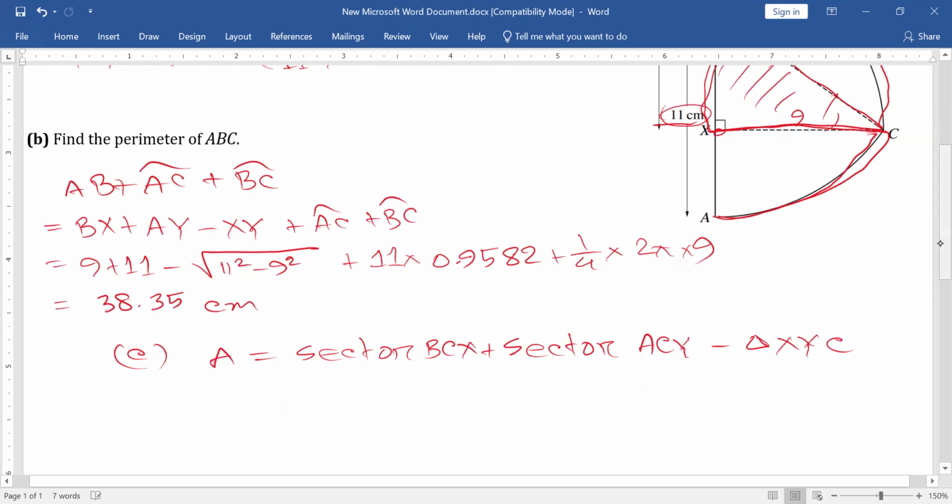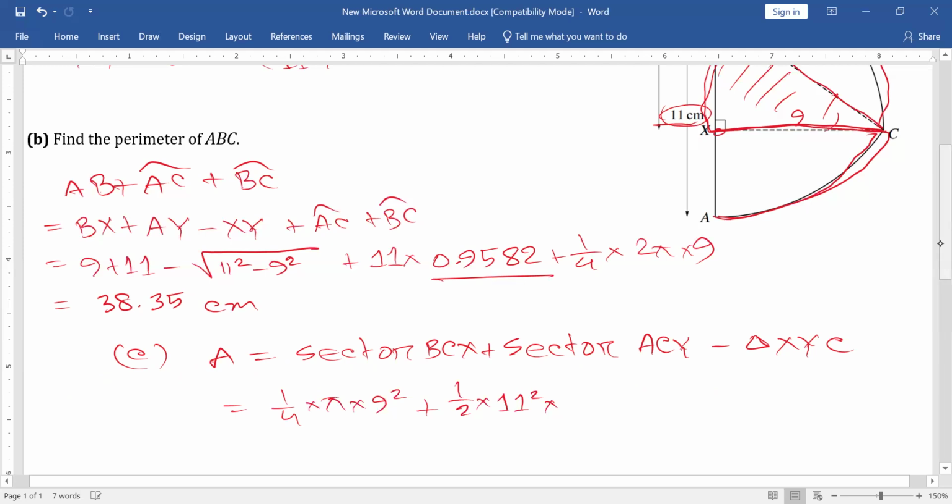Sector BCX is 1/4 of the circle, and the formula for the area of the circle is pi r squared, so pi times 9 squared, plus sector ACY. Now we have to use the sector area formula, which is half r squared theta. The radius is 11 for this one, so half times 11 squared times theta, where theta is 0.9582.